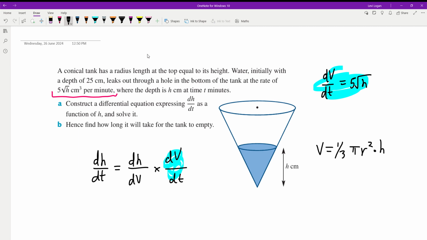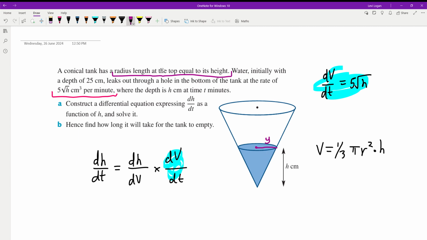Now we also got given this information: the radius length at the top is equal to its height. So in this expression here, we can say your radius and your height are the same. Now this is a generic version, and we need to solve for this bit here. This is your radius at time t. Let's just call that y.